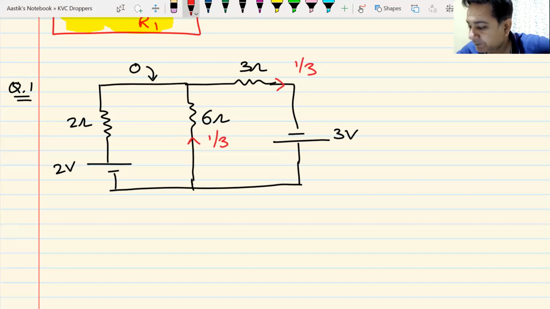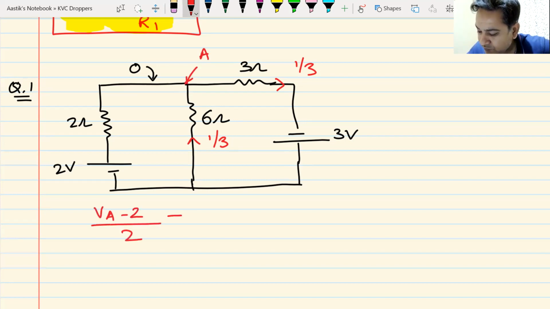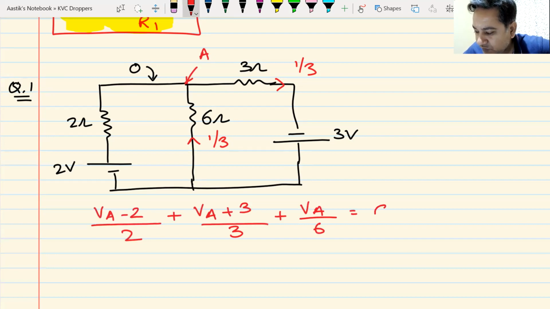Okay, let me check it. So first of all, let me write the equation here. If I call this point as A, the equation will be (VA minus 2) divided by 2 plus (VA plus 3) divided by 3, this is going to be plus, plus VA divided by 6 should be equal to 0.